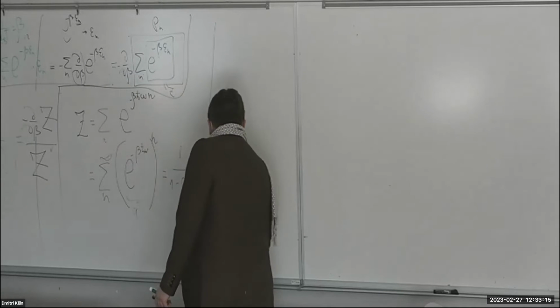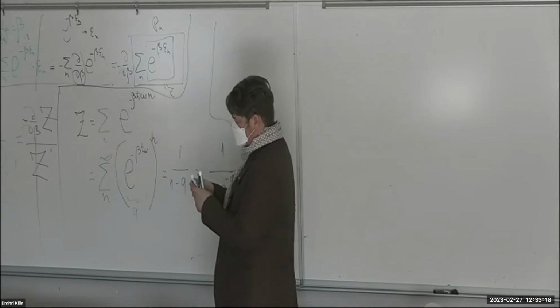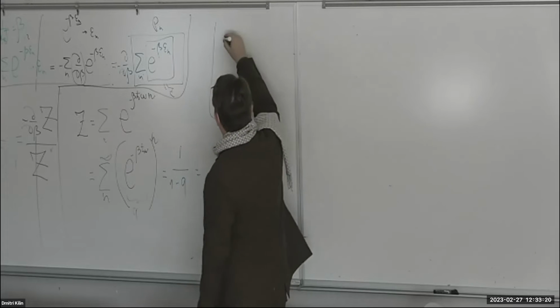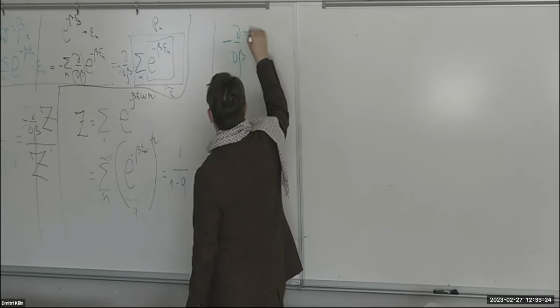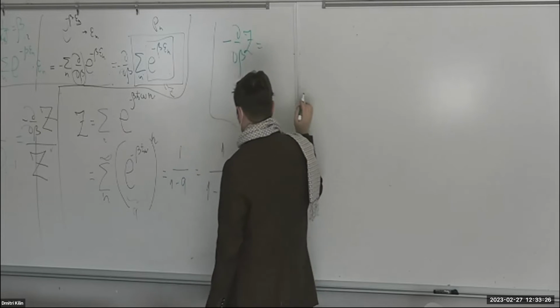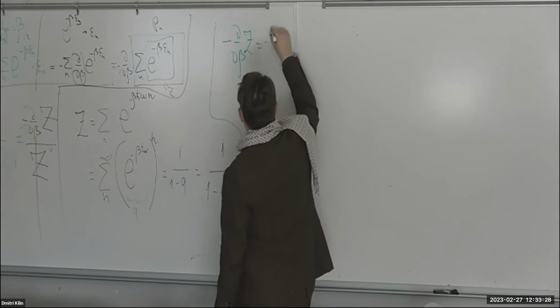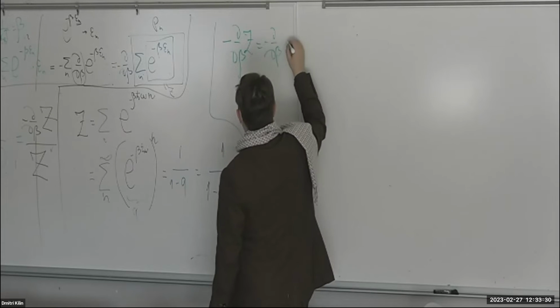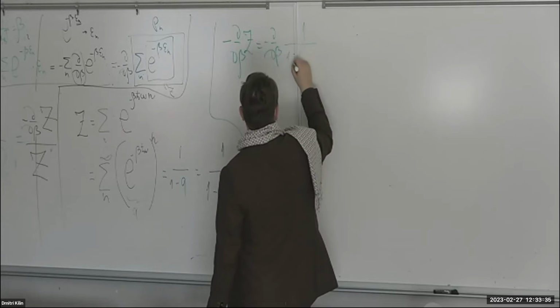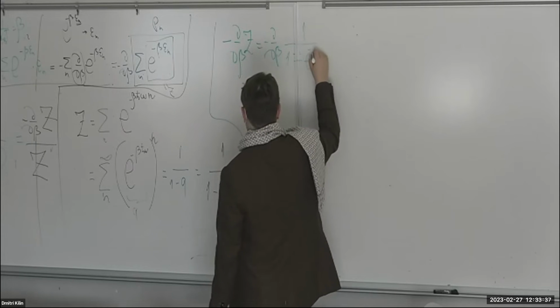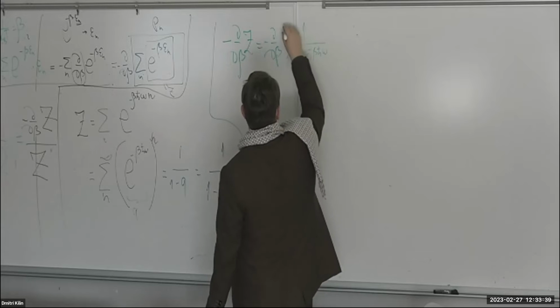At this point, it's time to practice the numerator. So we do minus d beta of Z, minus d beta of 1 over 1 minus e to the power minus beta h bar omega.